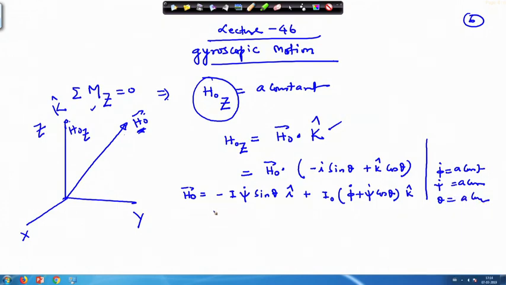If we take the dot product here, H 0 Z results.